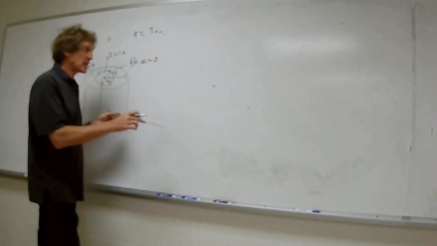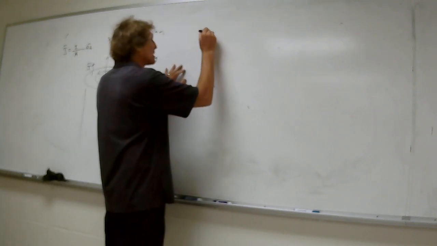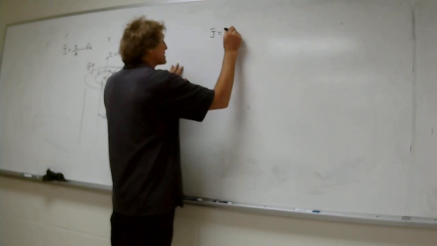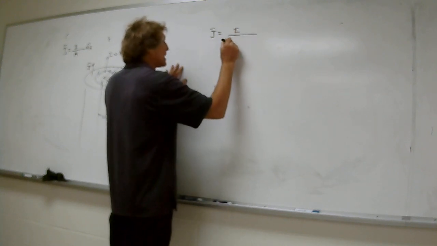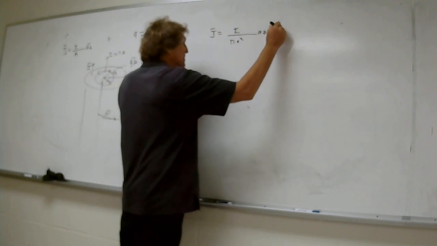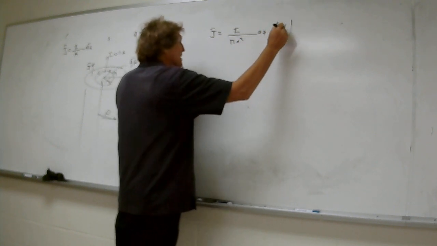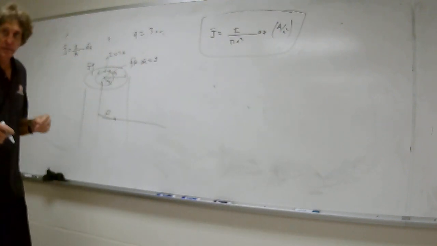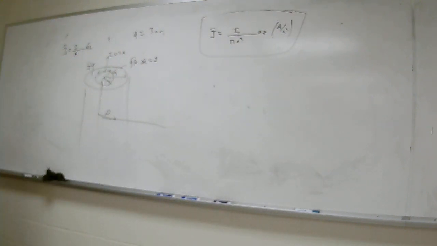So that means J itself would be equal to I over pi a squared, a_z, and the units would be amps per meter squared, and that would be the current density. All right, is everybody with me on this?